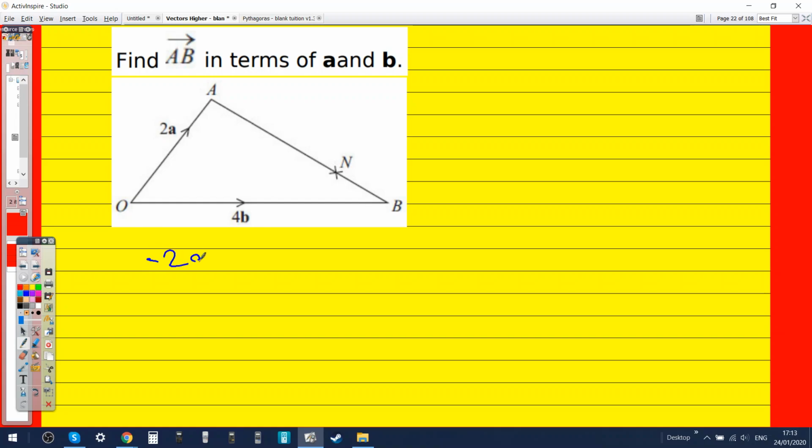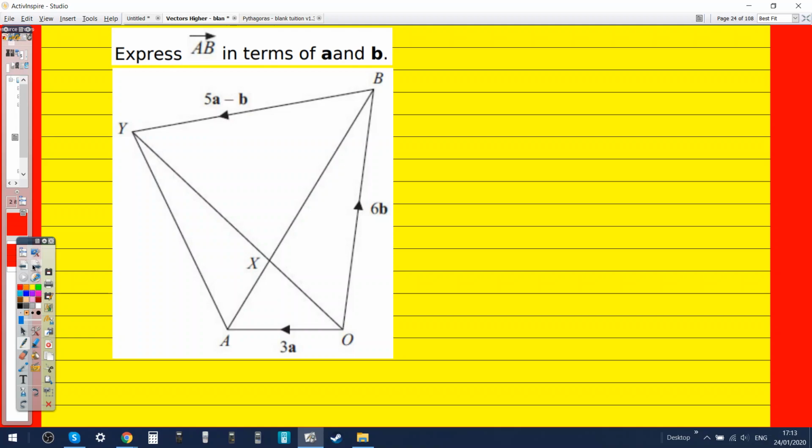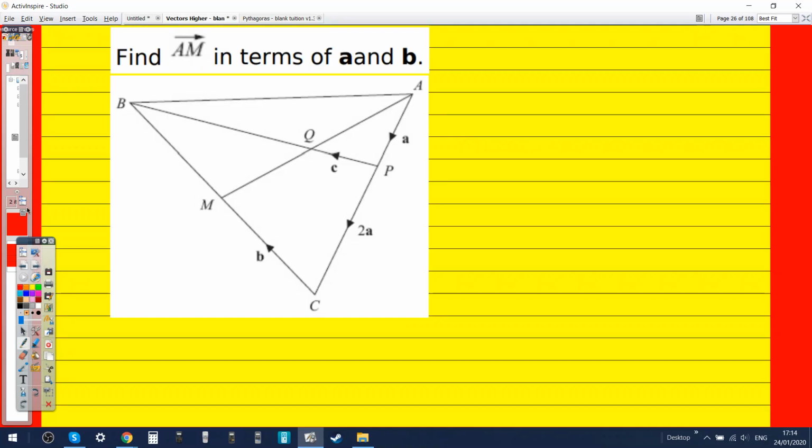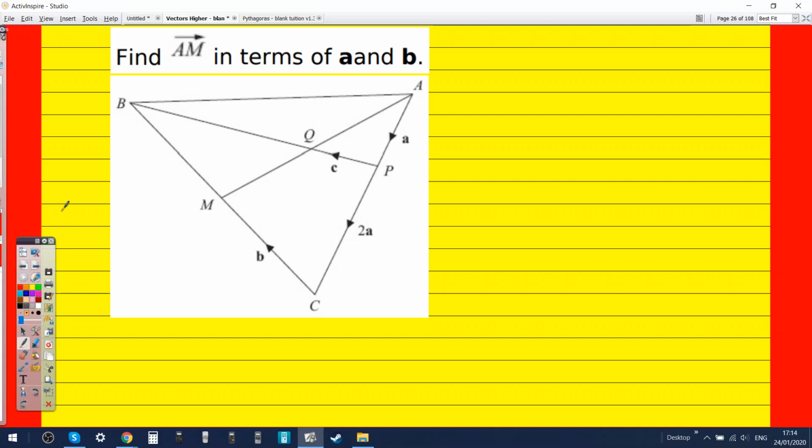Minus 2a plus 4b. Yes. Minus 3a plus 6b. How about this? Okay, plus a plus 2a, which is 3a, plus b.